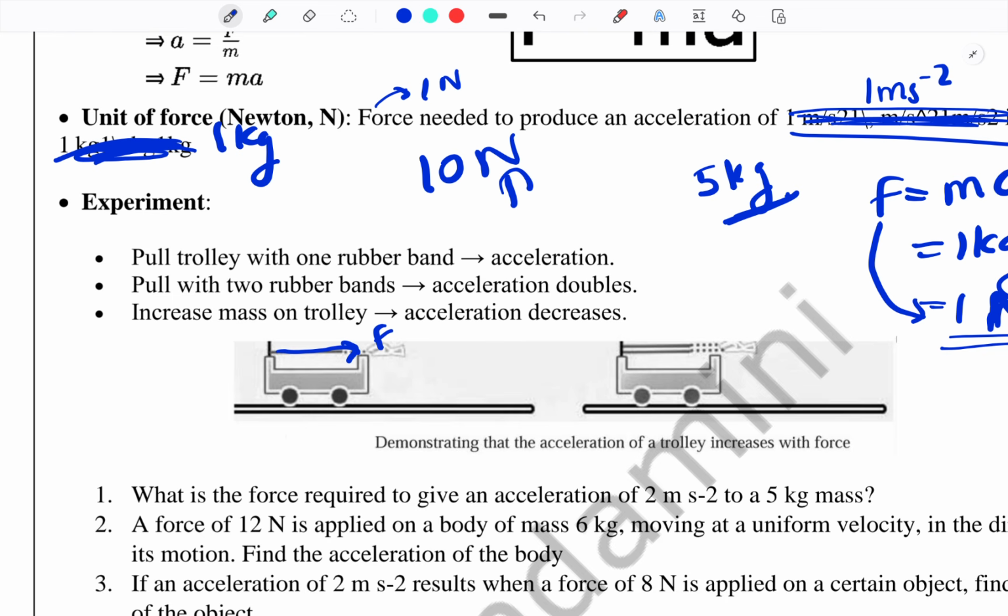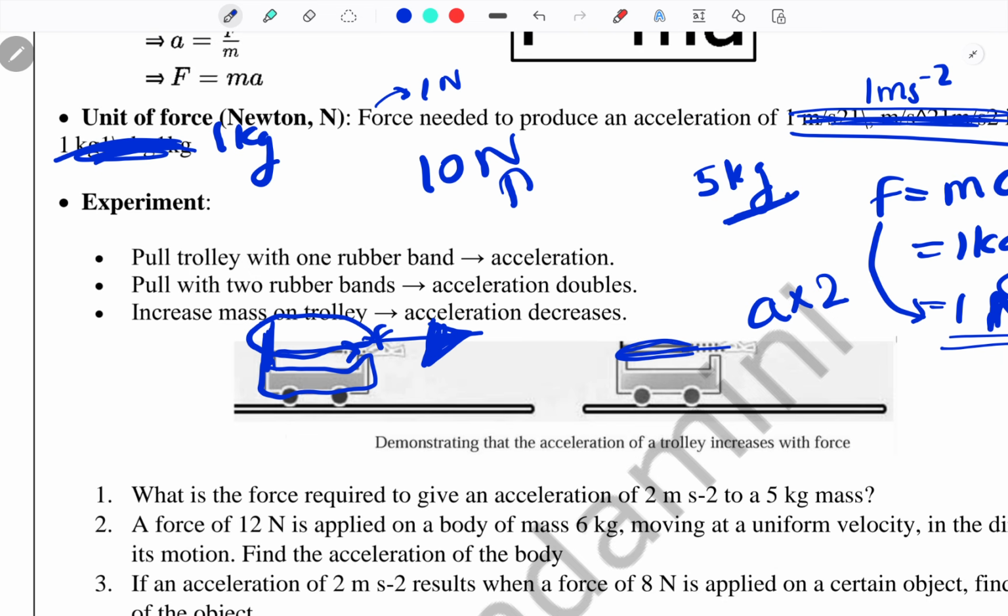You know this card, right? There is a trolley like this, and there is a stick like this, and you are putting a rubber band around it, and you are pulling it, right? So if you use one rubber band, it accelerates. And you can see if you put two rubber bands and apply force, what happens? Acceleration doubles.